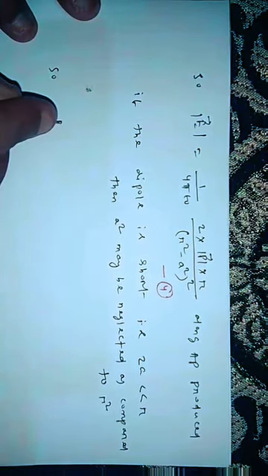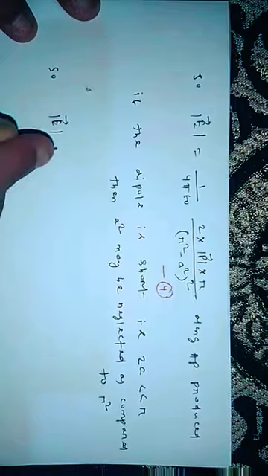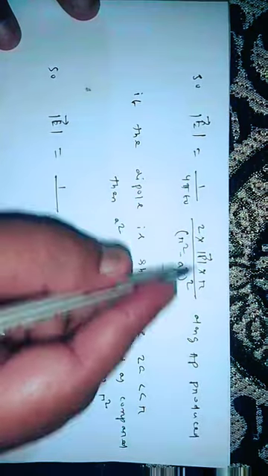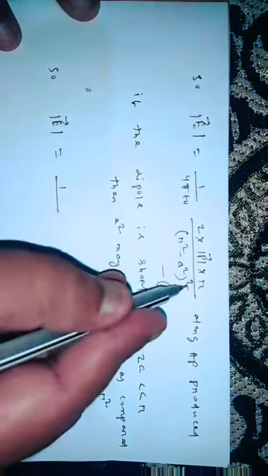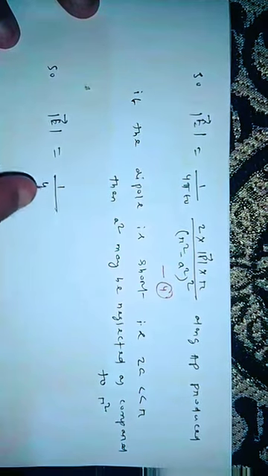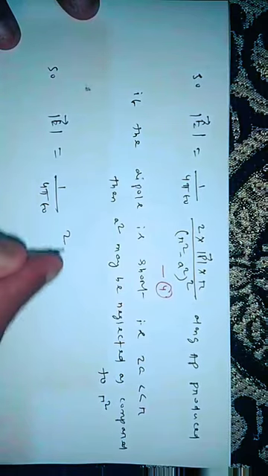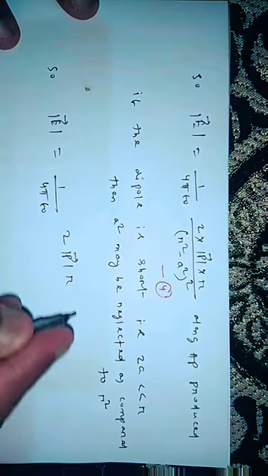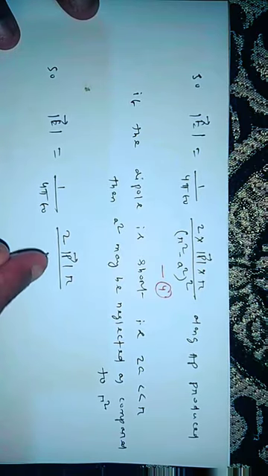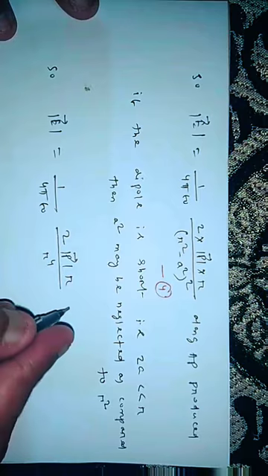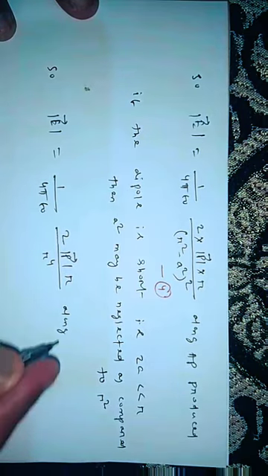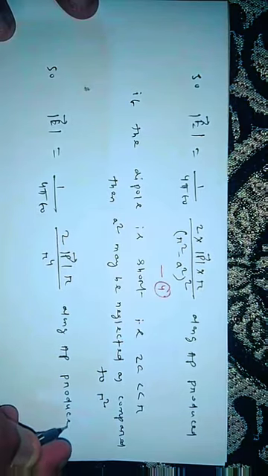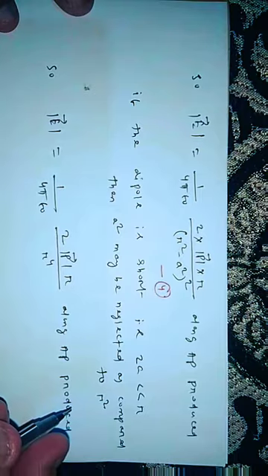So E equal to, from equation 4, 2pr, a square neglected, so r square whole square equal to r fourth, 1 by 4 pi epsilon 0 into 2pr divided by r fourth, along AP produced. Okay.